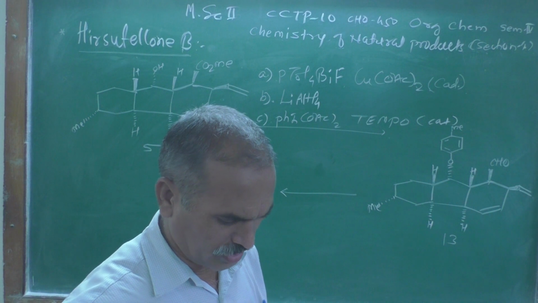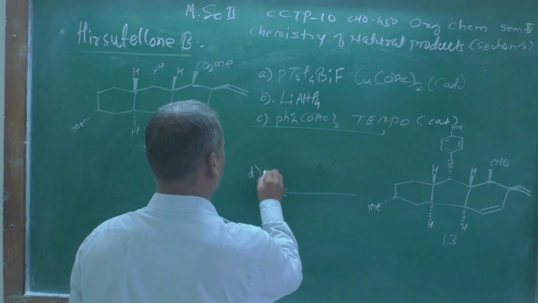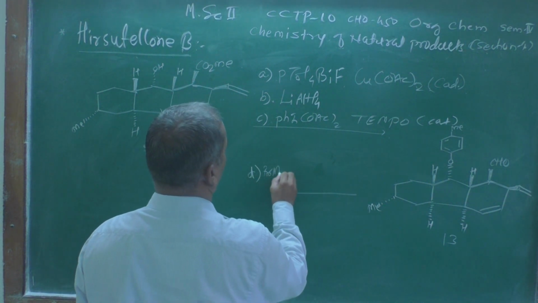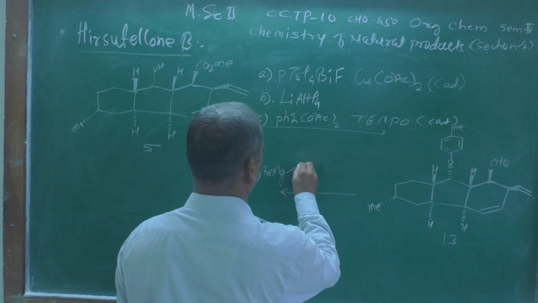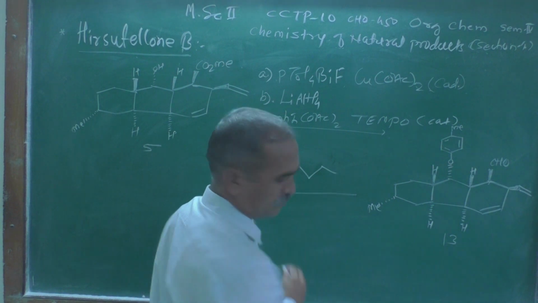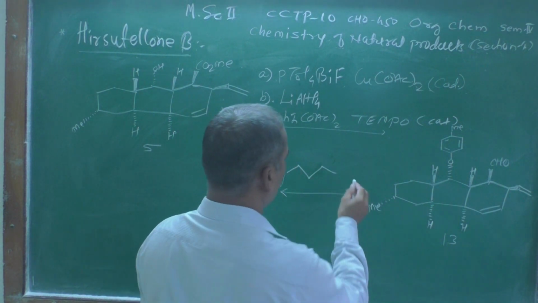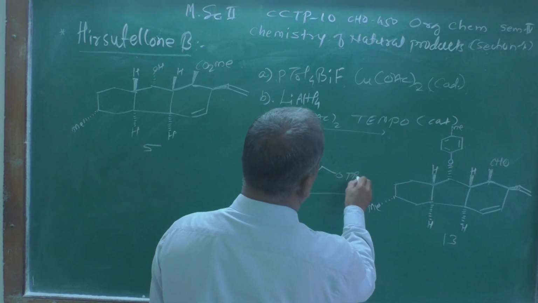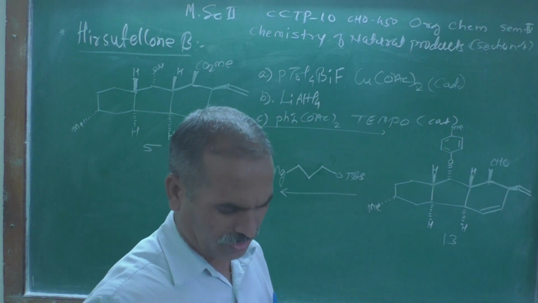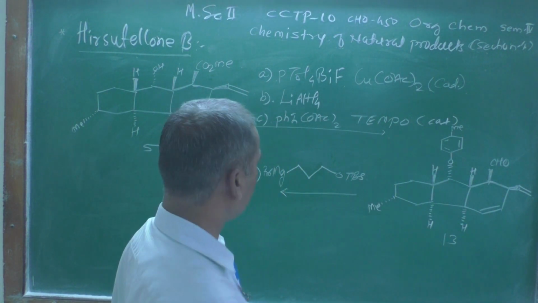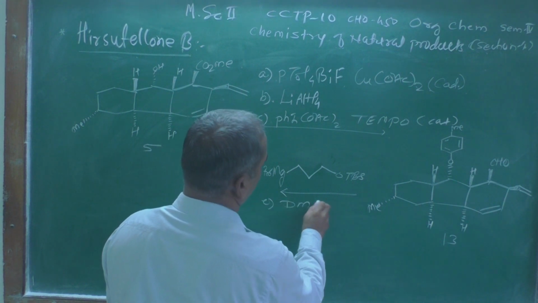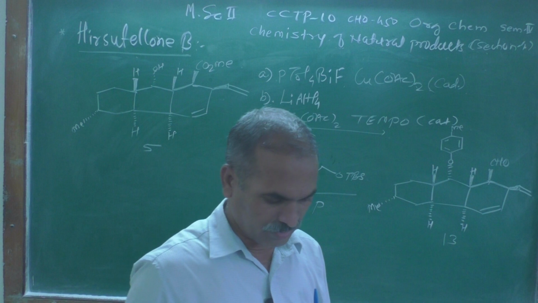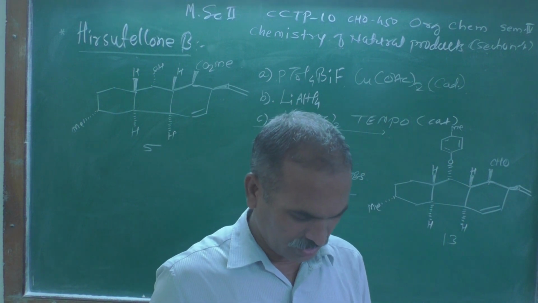When added over there, that is BrMg, then three times CH2, CH2, CH2, and here OTBS, that is a reagent, and then E reagent further added, that is DMP, dimethyl phosphoramide, DMP.